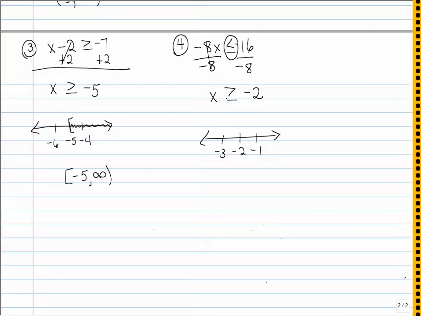Now, since it's greater than, you know you're going to shade to the right. So you're going to put a bracket on negative 2 that opens to the right, and you're going to shade to the right. So that's the graph of that answer. And then negative 2 to infinity, like that, with a bracket on negative 2 and a parentheses on the infinity with a comma between them. That is the answer in interval notation.